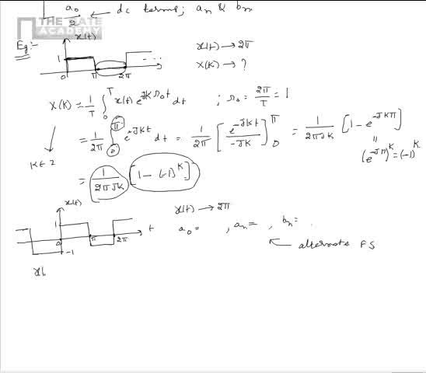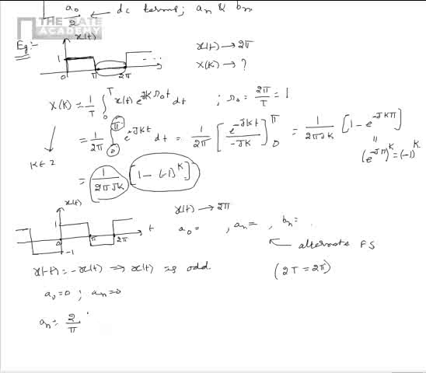Here we see that x of minus t is equal to minus x of t. That implies the given signal x of t is odd. We know that if x of t is odd, a0 is equal to 0 and an is equal to 0. From this we can write that bn is equal to 2 by pi, because please note that here the time period is 2 pi, that is 2T is equal to 2 pi as per the formula.